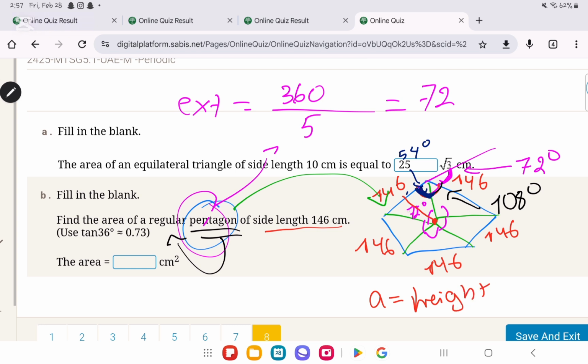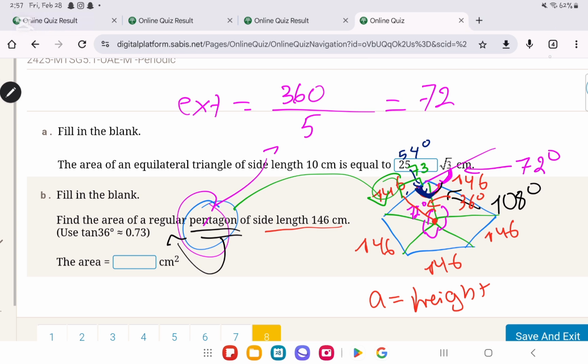So that means it will cut the 72 degrees in half, which is then 36 degrees. So now we found in this triangle that the angle is 36 degrees. Now, because it is an angle bisector, it's also going to be a segment bisector. So if this is 146, then this side is going to be half of 146, which is 73.